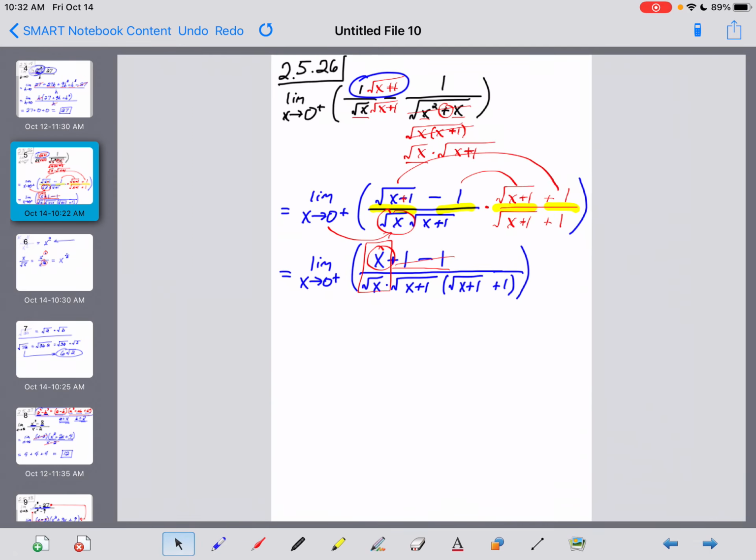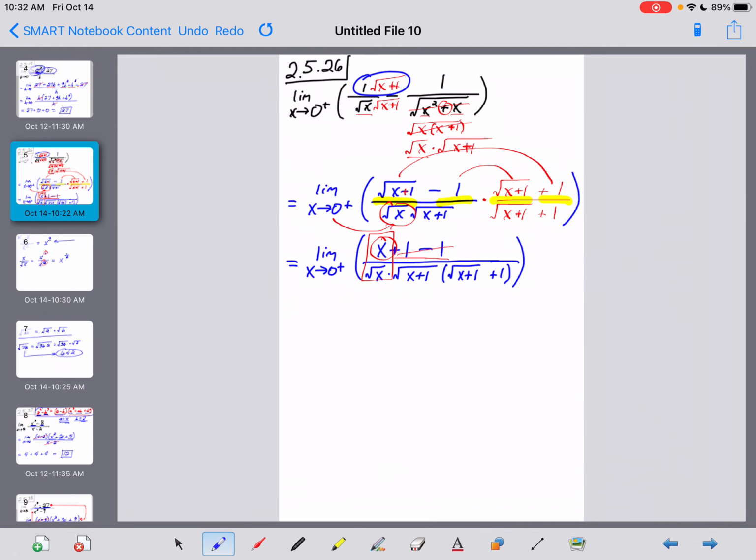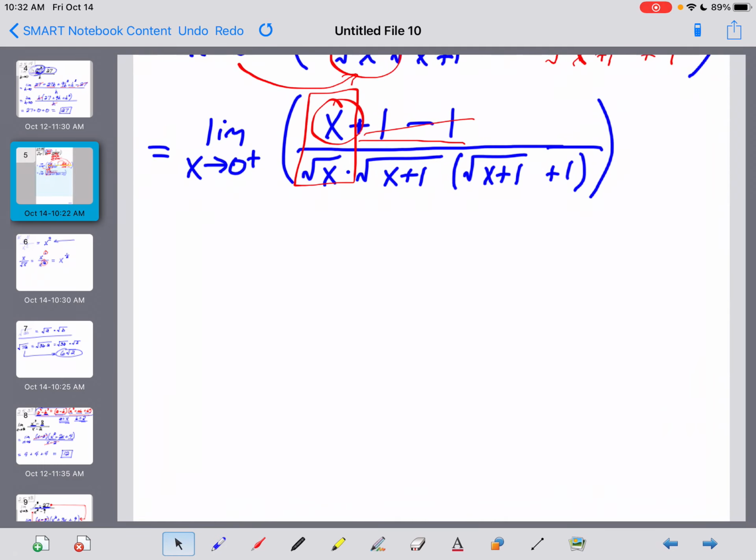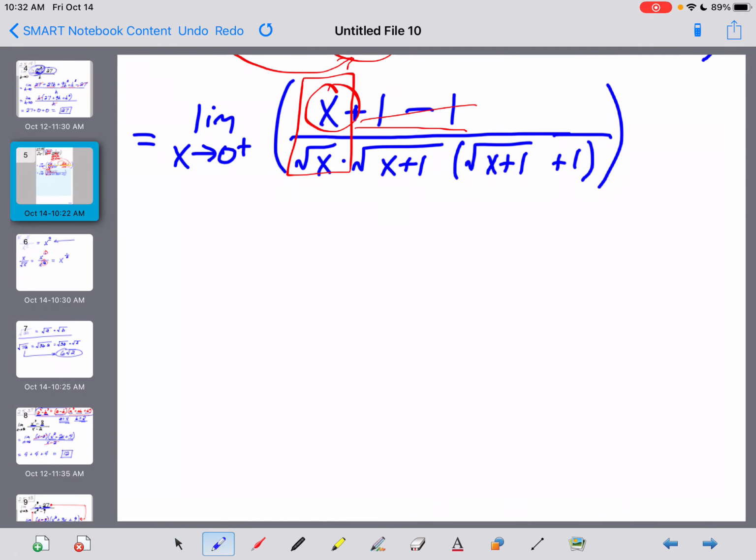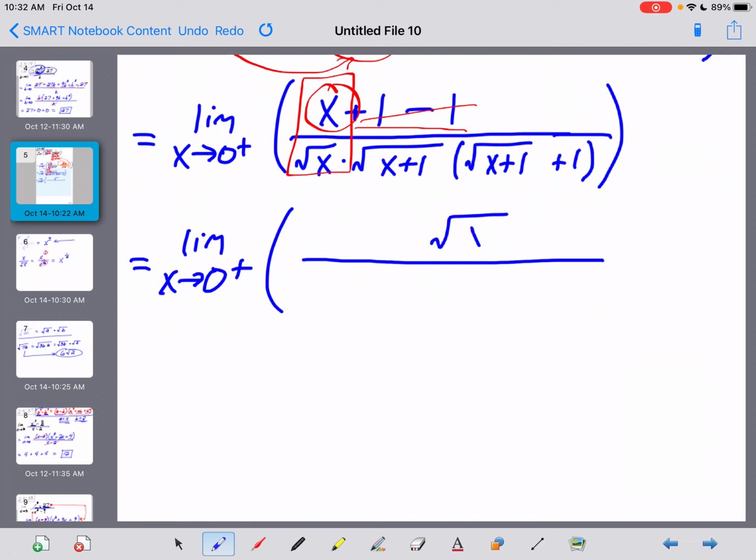So let me shrink this down, everybody, and get a little line going right here, and then I can zoom in a little better on what we need. Okay, let's go get them, guys. We're actually close to being done here. This now becomes the limit as x approaches 0 from the right of, big parenthesis and big fraction bar. The x divided by the square root of x gave us an x to the 1/2, which I'm just going to rewrite as the square root of x.